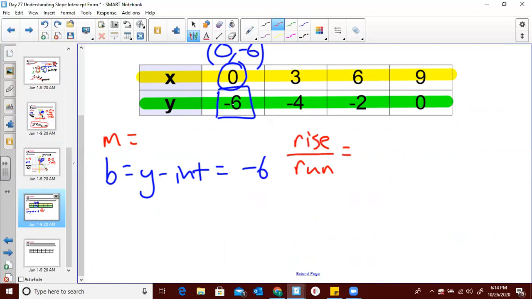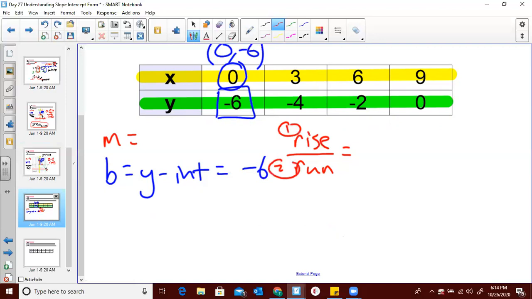Okay, so if I go from 0 to 3, how do I put this? Well, let's look at it like on a number line. Sorry, rise over run. Remember, we do the y first. That's my fault.